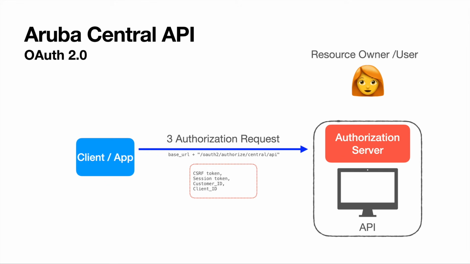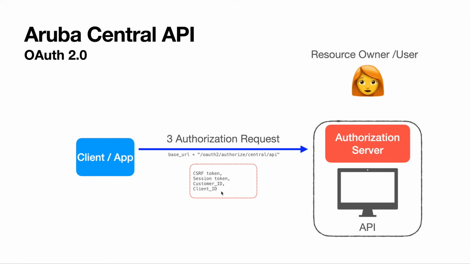With those tokens, the application then sends back, so this is our next API call to Central, now to a different URL. This is for the authorization request. What we have is the base URL plus this OAuth 2 authorize Central API that we're sending it to. The information that we send is those two tokens back, plus the customer ID, plus the client ID.